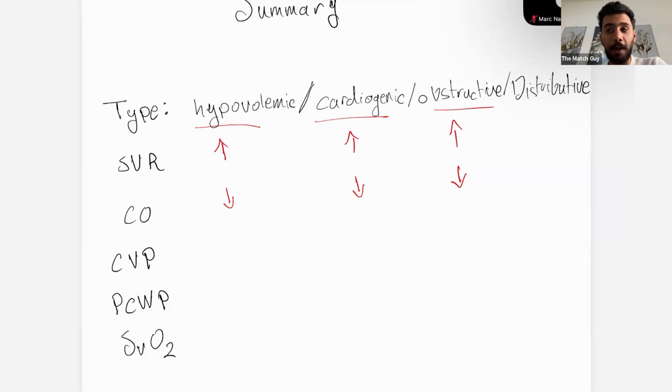And distributive shock is unique in the sense that it is the only one that is going to have low systemic vascular resistance, and cardiac output is going to be high initially, and then it's going to fall down late in the course of septic shock or distributive shock.